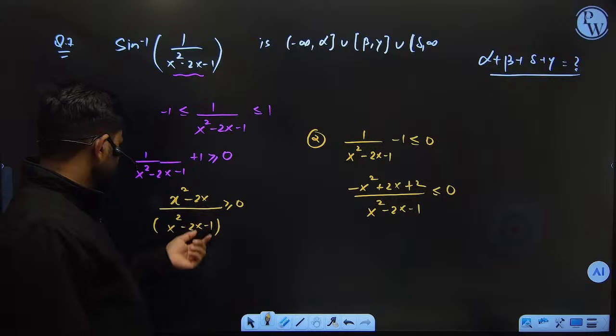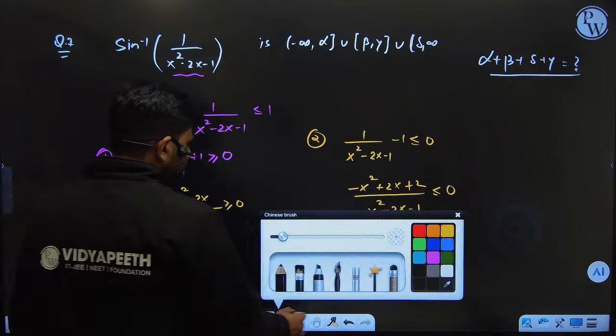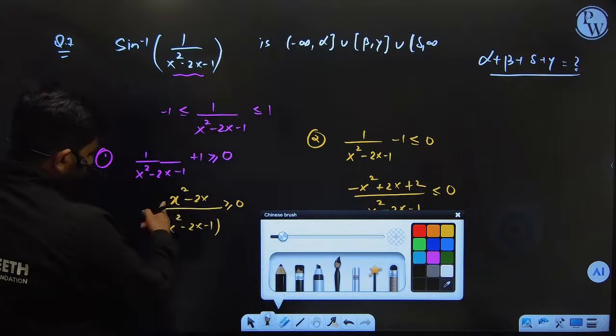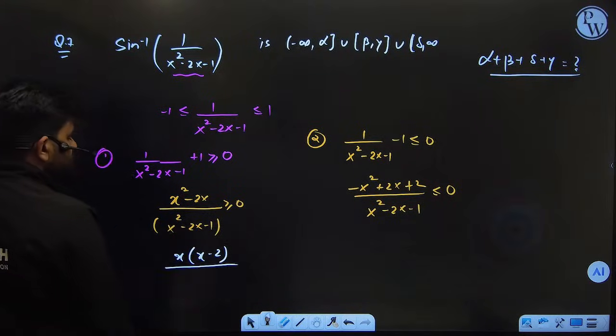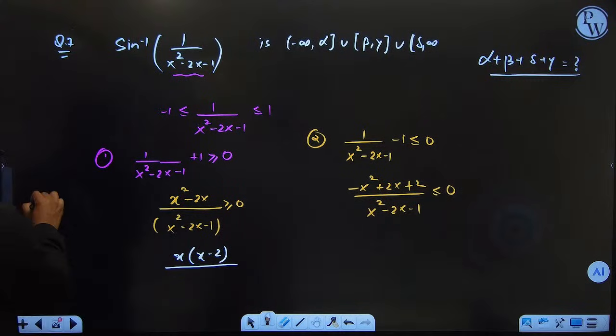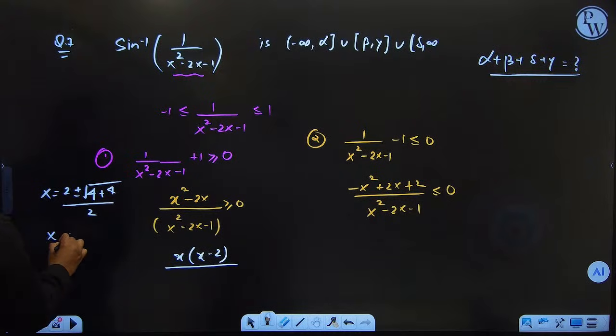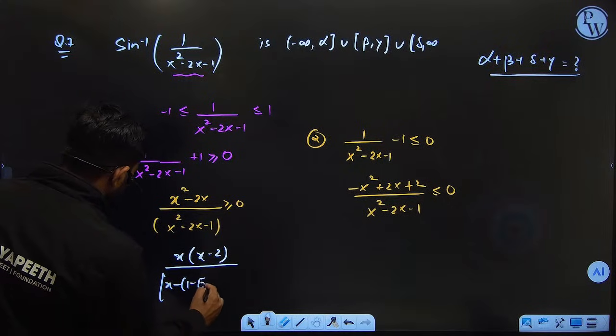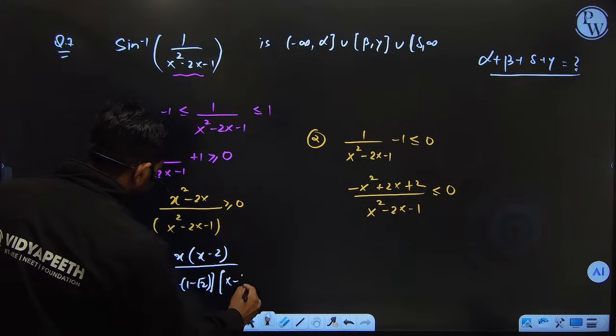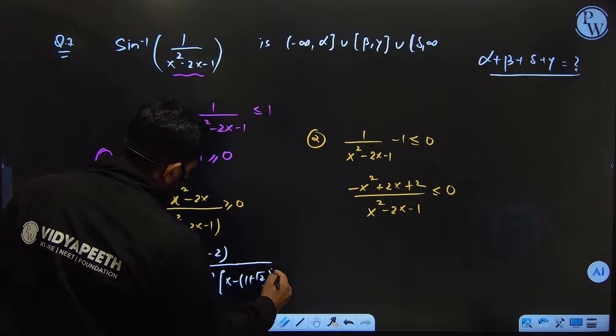So again, if we see the roots of this equation, the numerator is easily solvable. This one will get roots as 2 plus minus root of 4 plus 4, by 2, so you will get 1 plus minus root 2. So this will be x minus 1 minus root 2 and x minus 1 plus root 2 greater than 0.